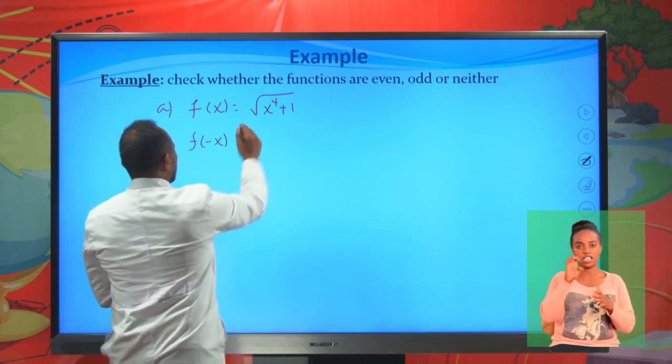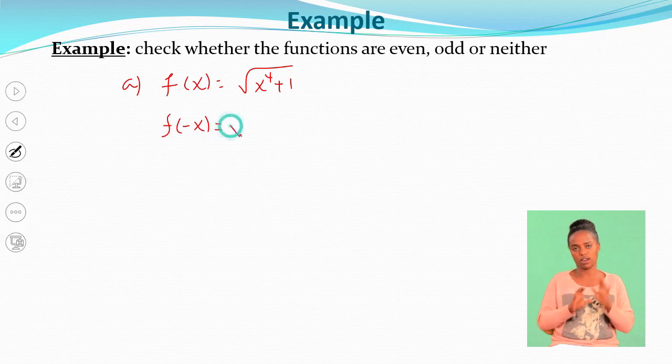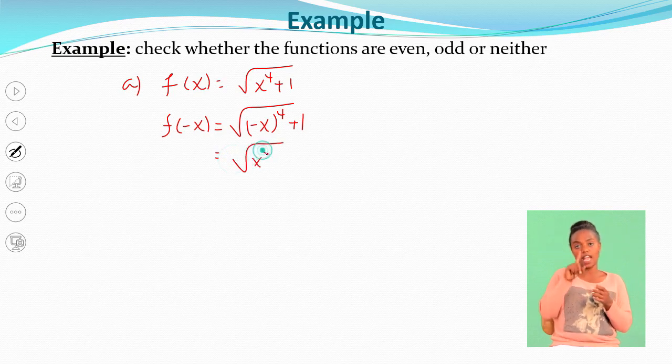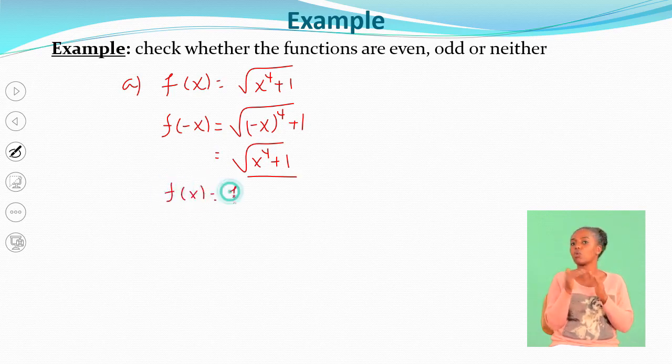So here f of negative x equals the square root of negative x to the power of 4 plus 1. So this gives you the square root of x to the power of 4 plus 1. As you can see, f of x is the same as f of negative x.